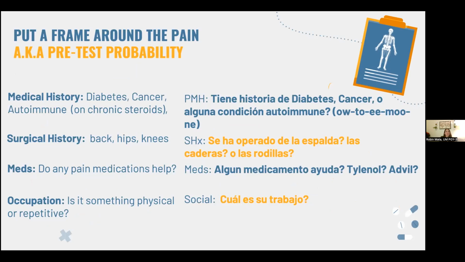These are the things that, if it's in the chart, I need to know about it. Or if there's any shadow of a doubt, I need to ask about it. Because that's the kind of thing that my attending is going to be like, oh, wow, you thought to ask about those things. You're thinking more outside of the box and actually trying to get to a diagnosis versus just, she's here complaining of this.